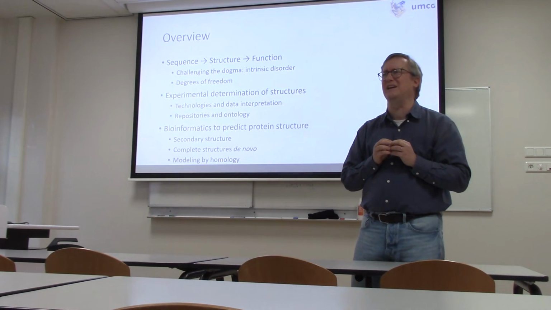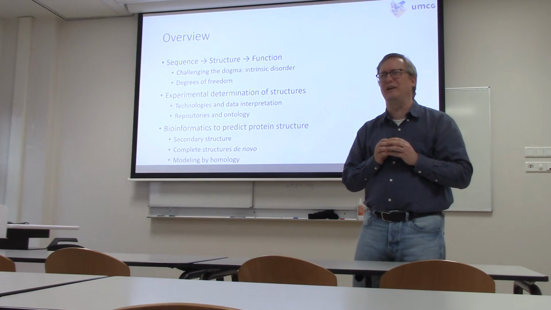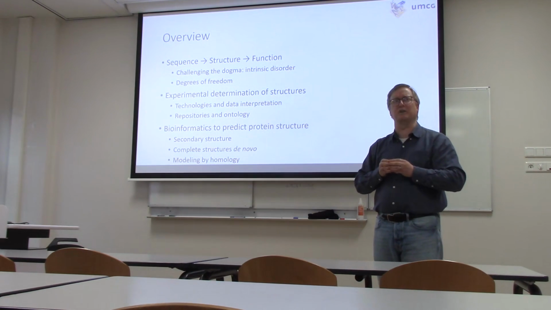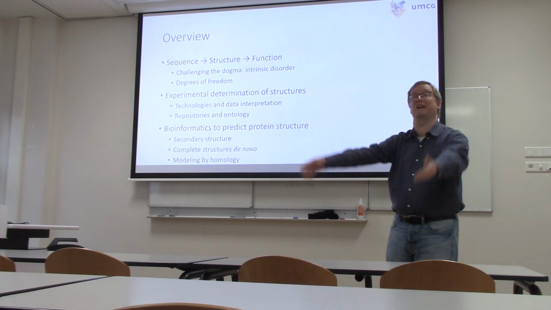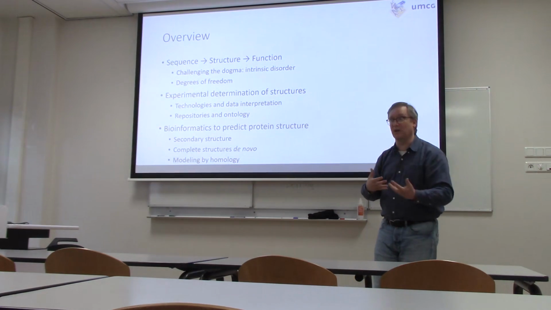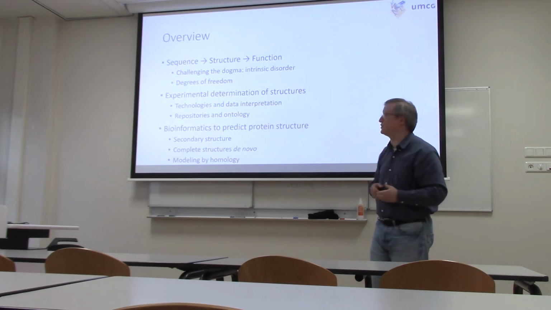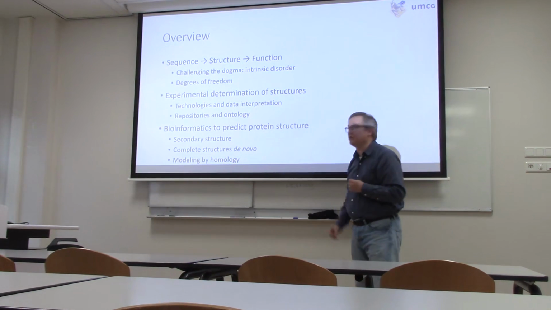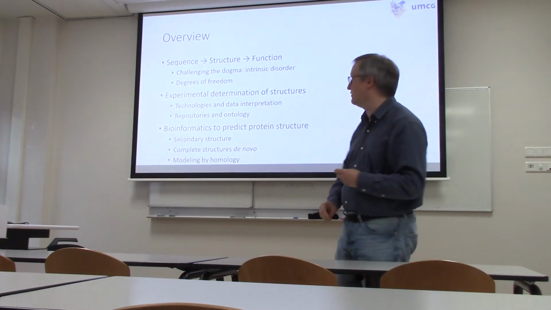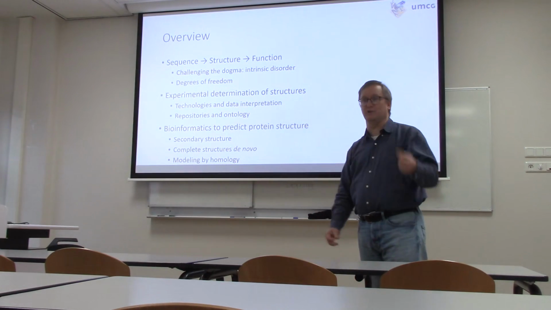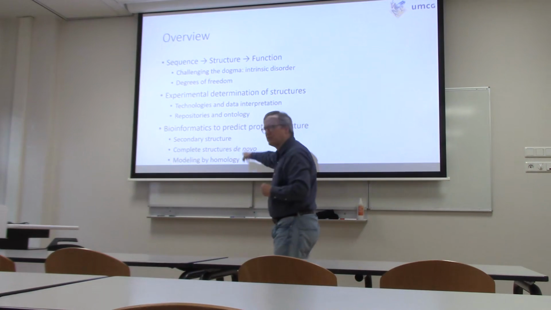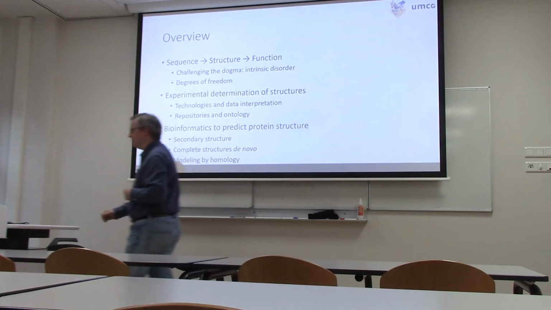This is not going to be really deep on the mathematics of diffraction or anything like that, but I thought it was worth noting that there are multiple paths you can follow to go from a protein to a known structure, a measured structure. And from there we're going to talk about the bioinformatics that have been changing so very much in the last few years. How do we predict protein structure given a protein sequence? So we'll talk about three different routes people have taken in that.